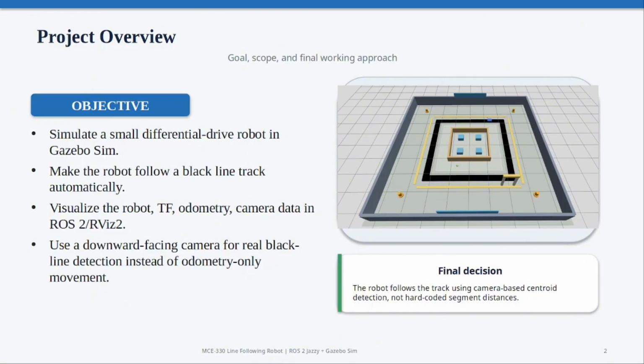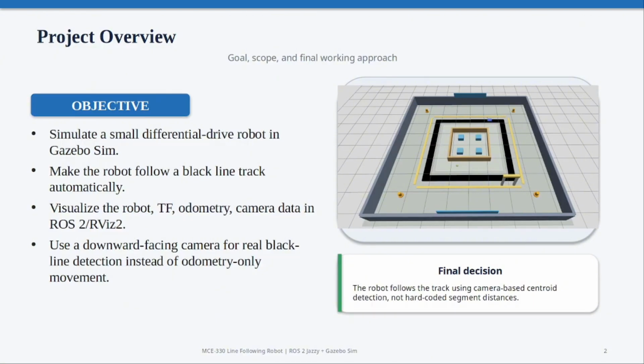One important point is that a 2D LiDAR cannot detect the black line because LiDAR measures distance, not color. Because of that, we used a downward-facing camera for real black line detection. Our final decision was to use camera-based centroid detection. This means the robot is not following fixed distances or hard-coded waypoints.